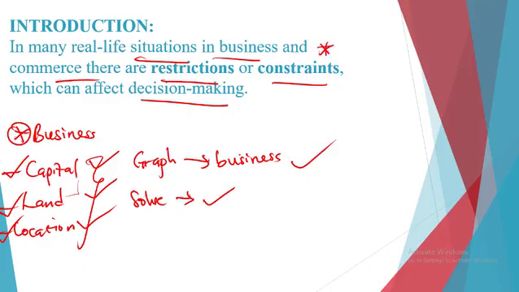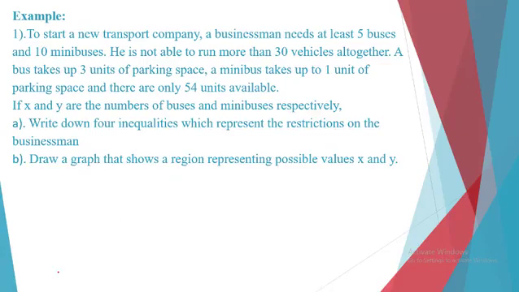We say here on the screen, to start a new transport company, a businessman needs at least 5 buses. Listen very carefully. He needs at least what? 5 buses and 10 minibuses. He is not able to run more than 30 vehicles altogether.